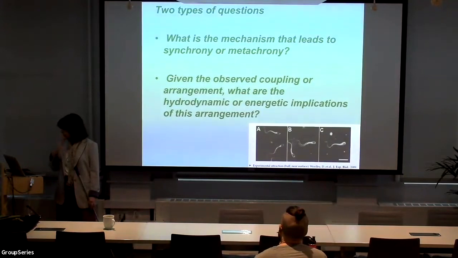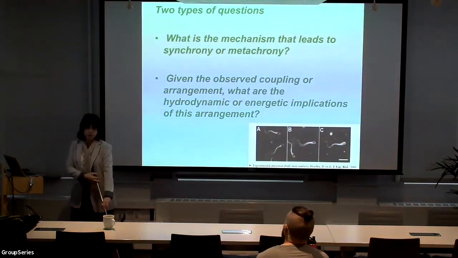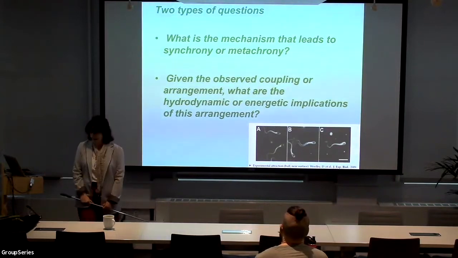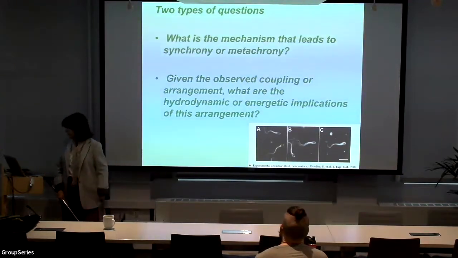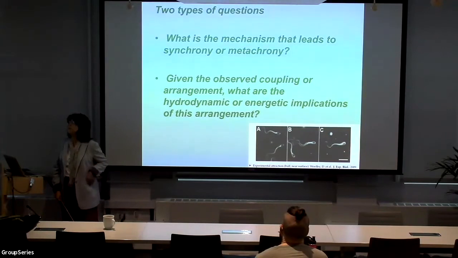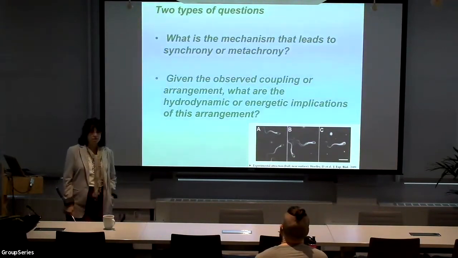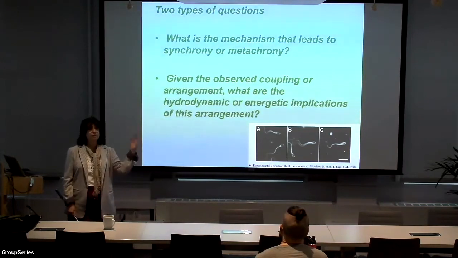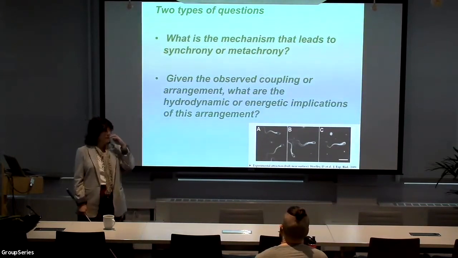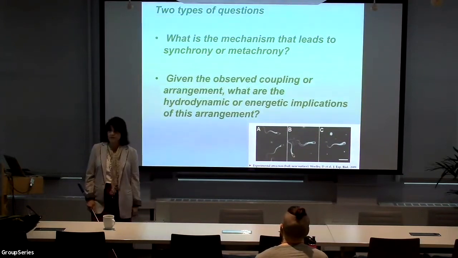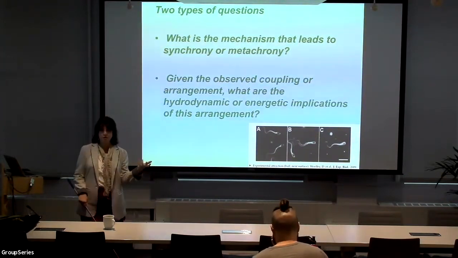So again, the kind of questions that people broadly in biofluids are answering are of these two types. One, what is the mechanism that gives rise to this synchrony or metachrony of that nice wave of cilia that we saw, or the swimmerets of the crawfish, or the sperm cells?